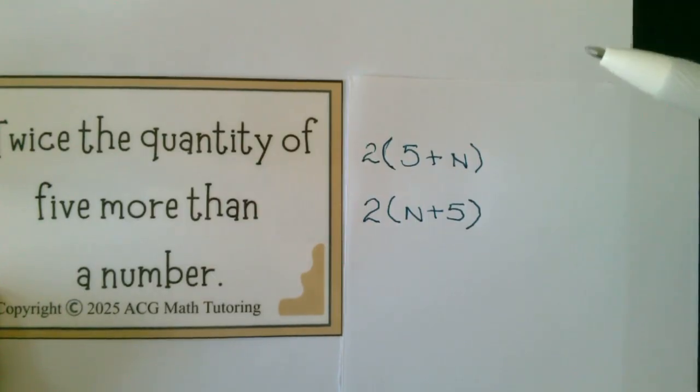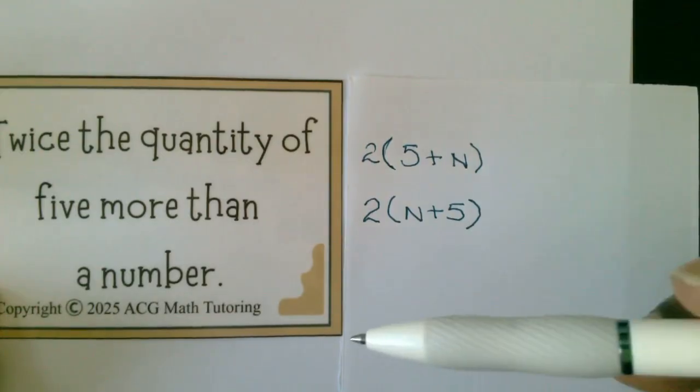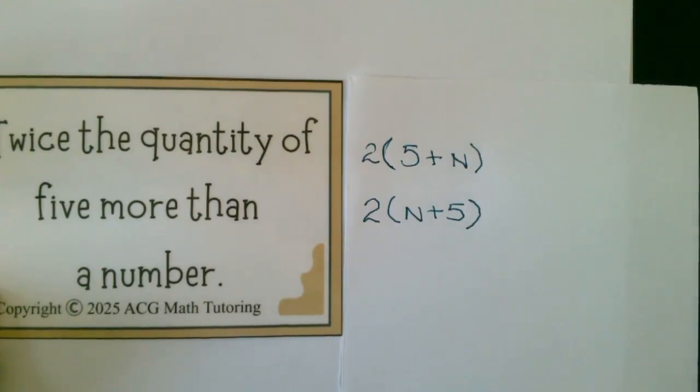Okay, so that is what's called the commutative property. And a lot of people get commutative and associative mixed up, including myself. But if I think of it, I'm going on a commute from my home to work and work to home. If I don't make any stops, it's basically the same distance. So when you're on a commute, it's going to be the same as you switch them around.